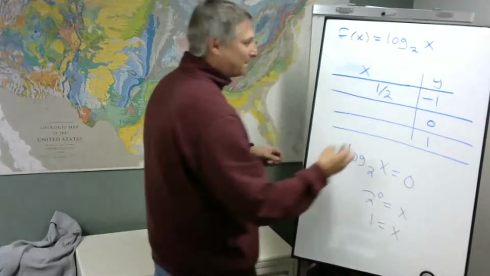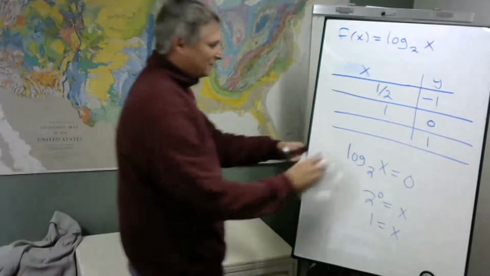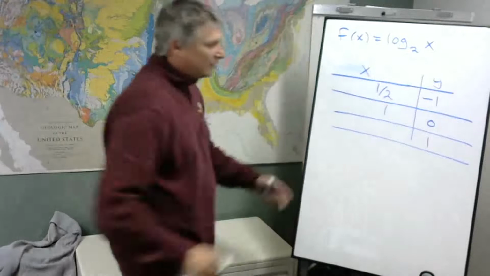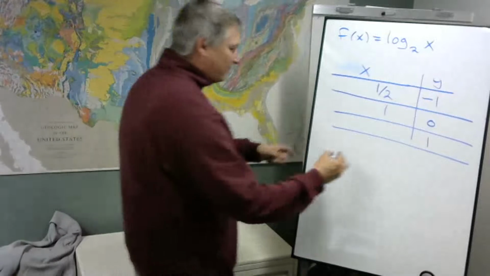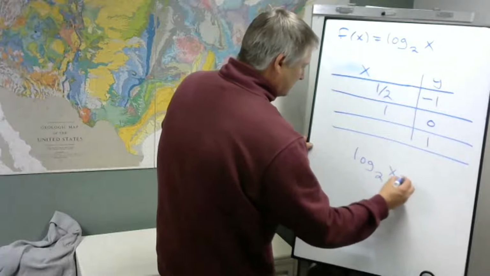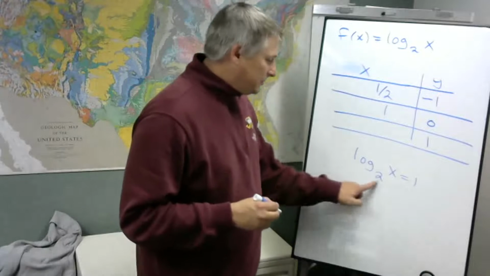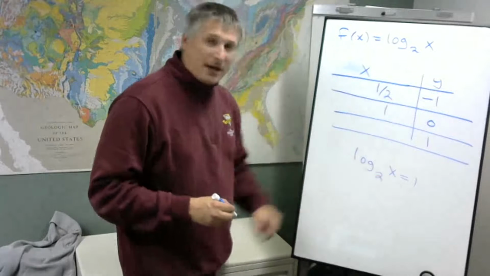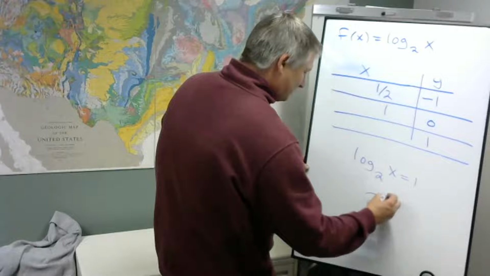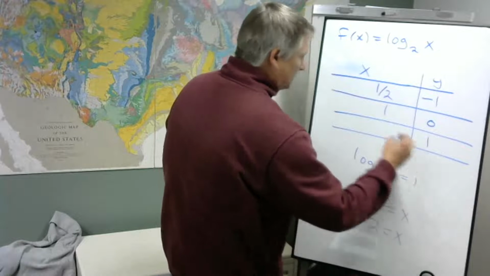So x is 1. And then finally, we have an output of 1. So to find the input, we go 2 to the 1 equals x, or 2 equals x.